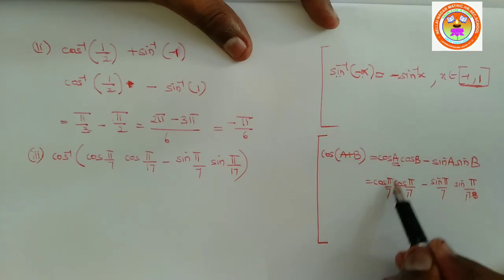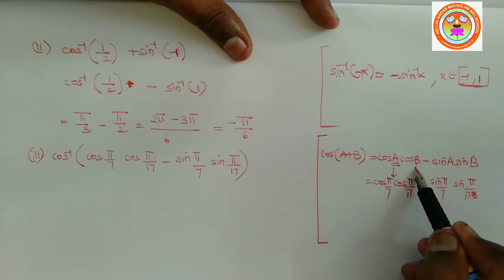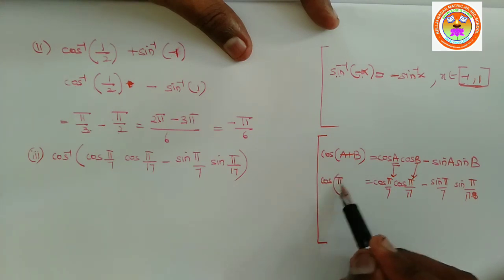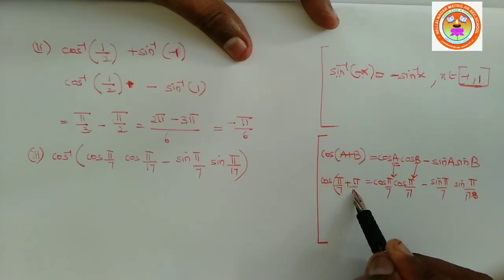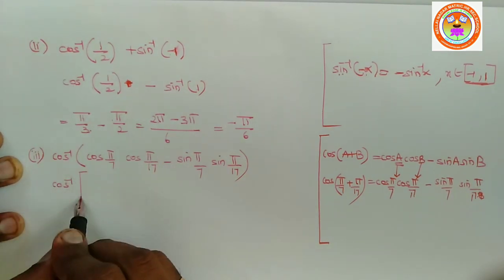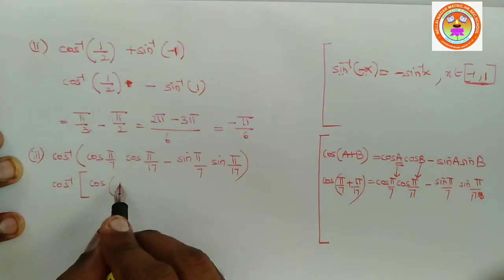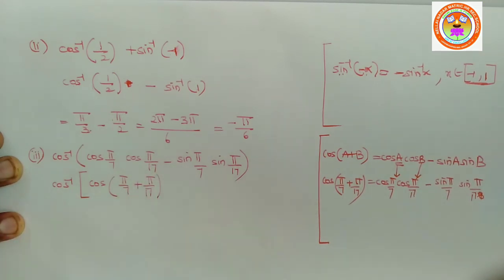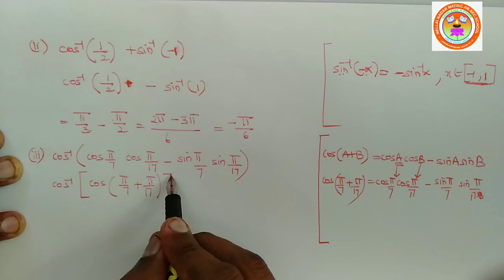Here a is pi by 7, b is pi by 17. So we can write cos of pi by 7 plus pi by 17. So cos inverse of cos of pi by 7 plus pi by 17. Close.